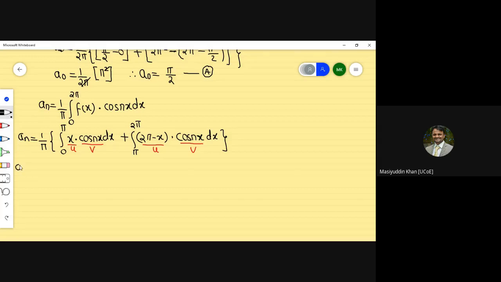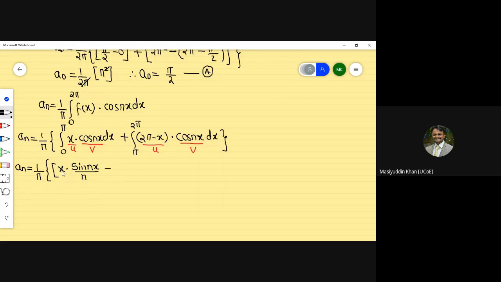So an is equal to 1 by pi, one by one separately. So u as it is, x as it is, we have to take the integration of cos nx. Integration of cos is plus, so sine of nx, and we have to divide the terms of x variable, so n we have to divide here. Then minus, take the derivative of x.